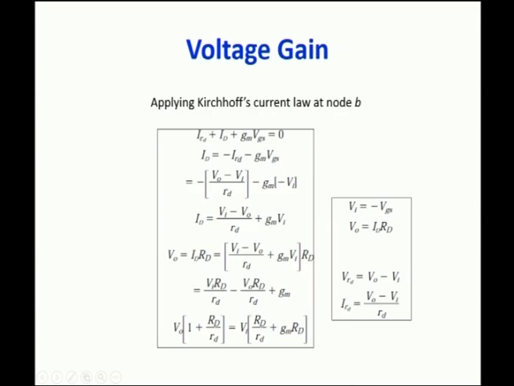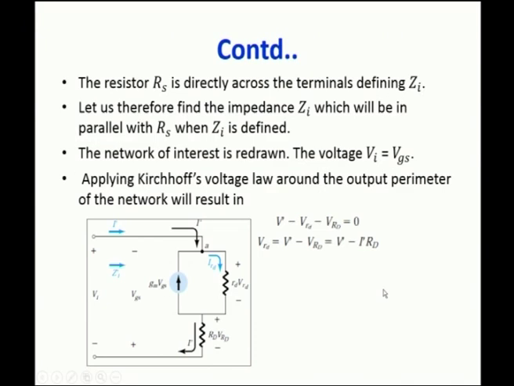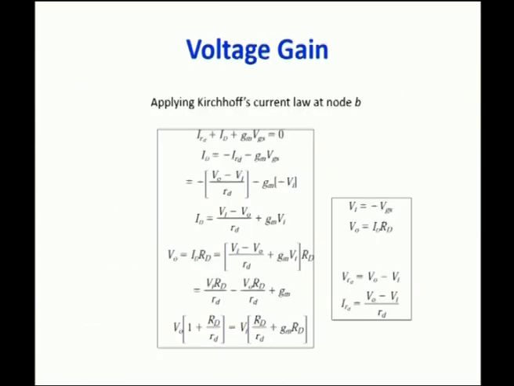And next is the voltage gain. Apply KCL at node B. So, in this circuit, if you apply KCL, gm VGS is the current away from the node, and Io or ID is the current flowing towards the node.